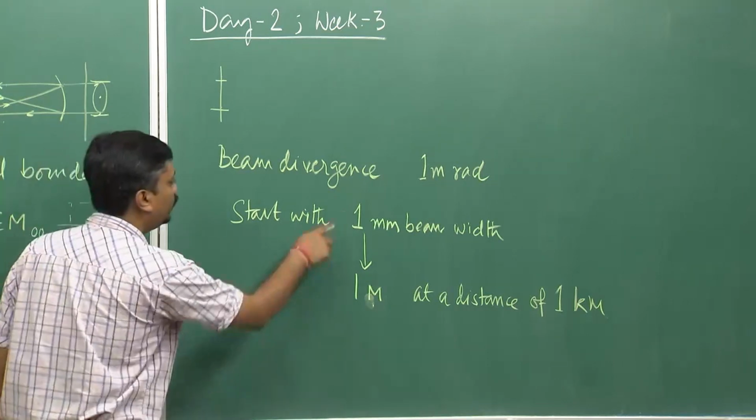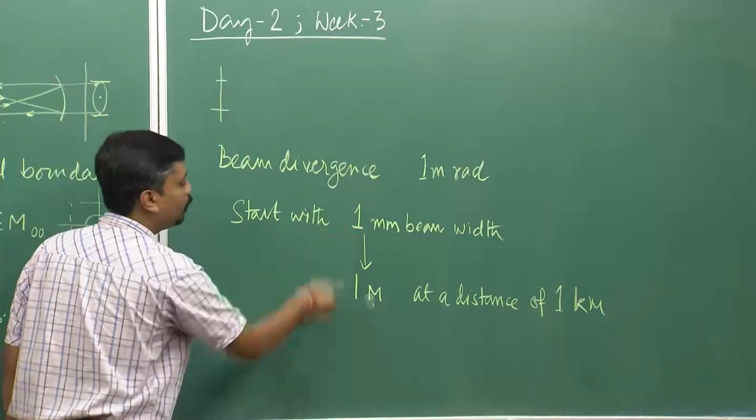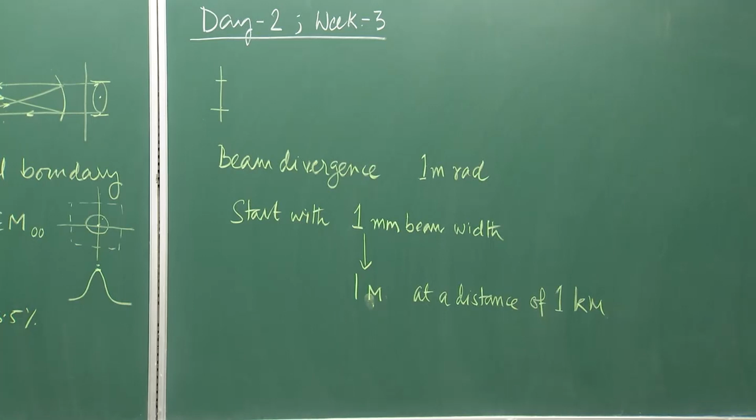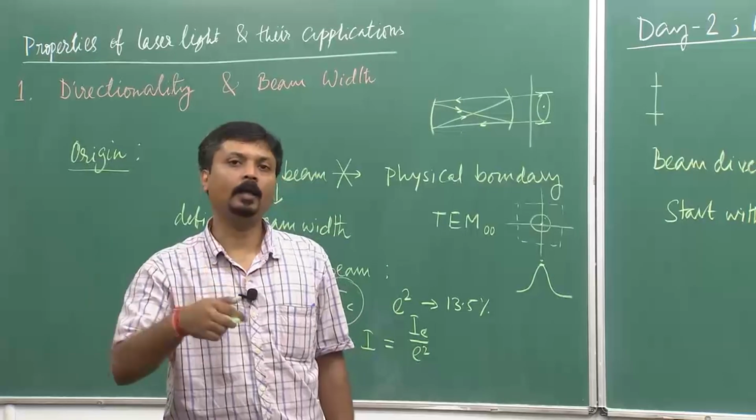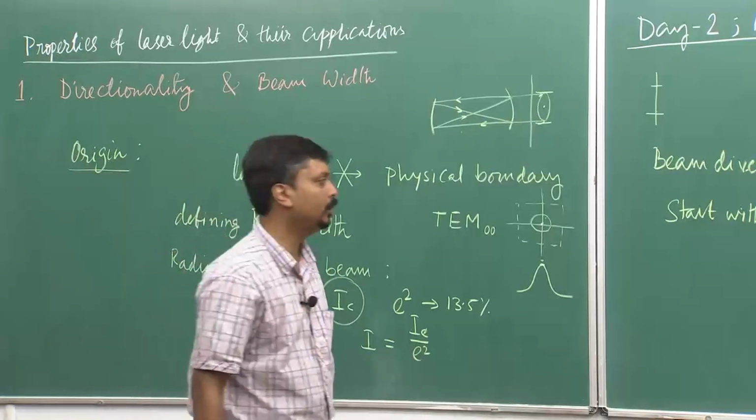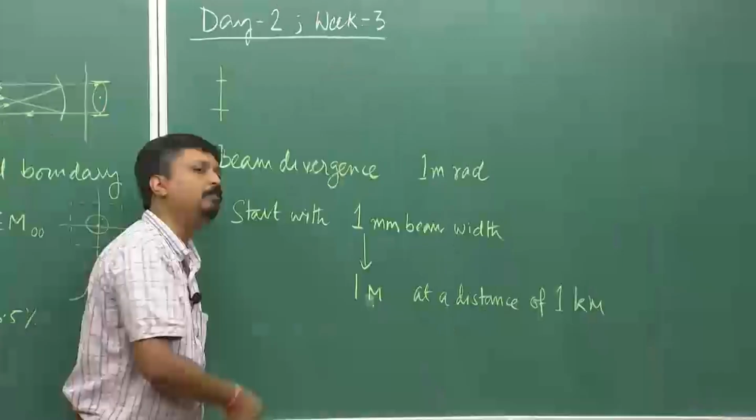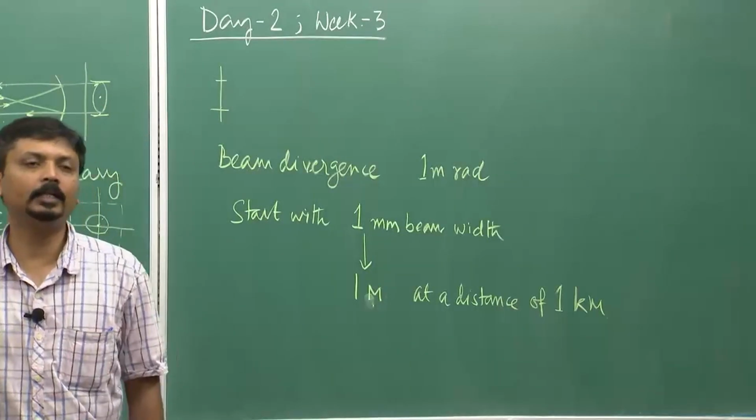Okay. So if we start from 1 millimeter, we will see the beam to be 1 meter at a distance of 1 kilometer. So you can see that the divergence is really little. Okay. It is not huge.